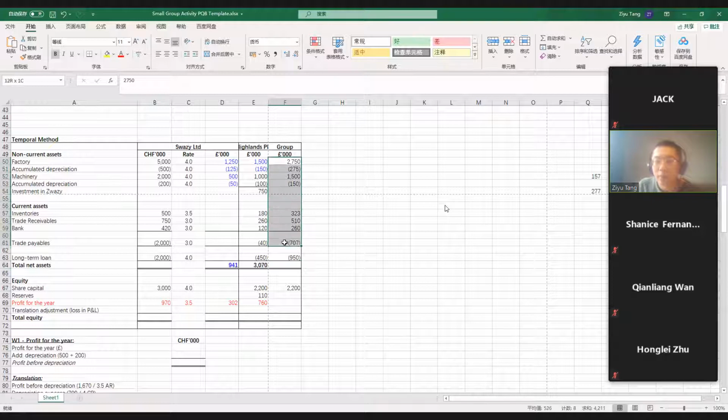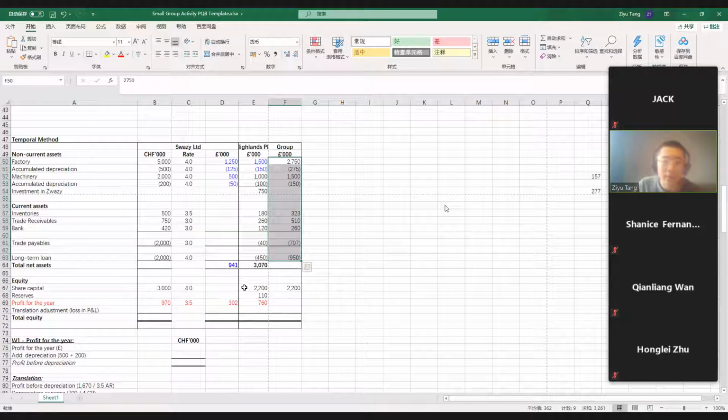You need to calculate the total net assets from each item of the assets and the liabilities.